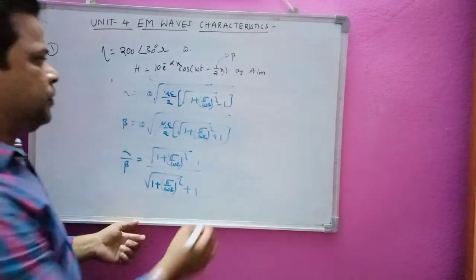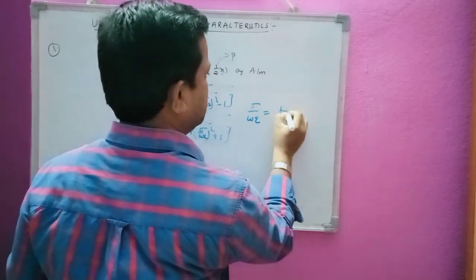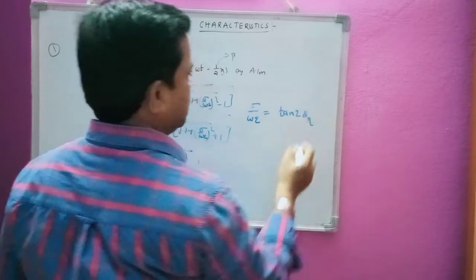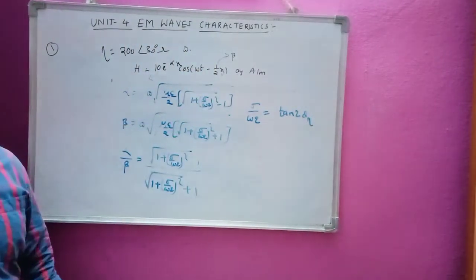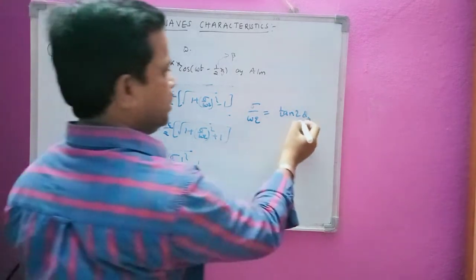Now we have to calculate this value sigma by omega epsilon. We know that this is tan 2 theta of eta.